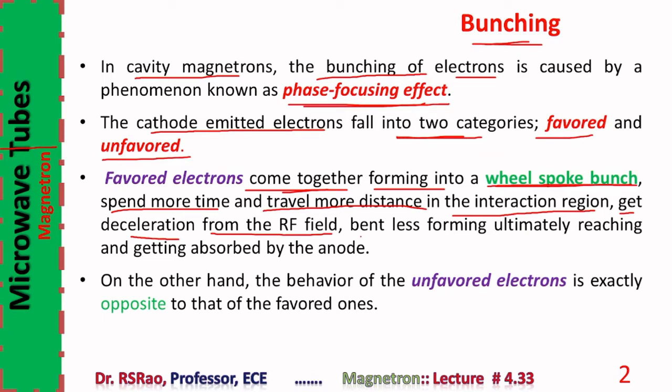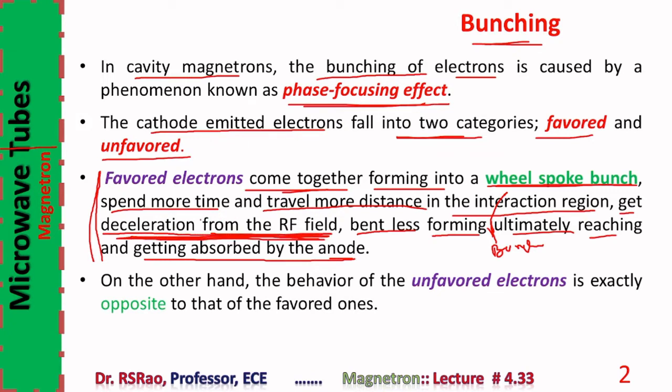These electrons get bent less, forming wheel spoke bunches, ultimately reaching and getting absorbed by the anode. So this is how favored electrons behave in the interaction region. Notice their behavior is associated with deceleration by the RF field. The energy transfer is from bunch to RF field.